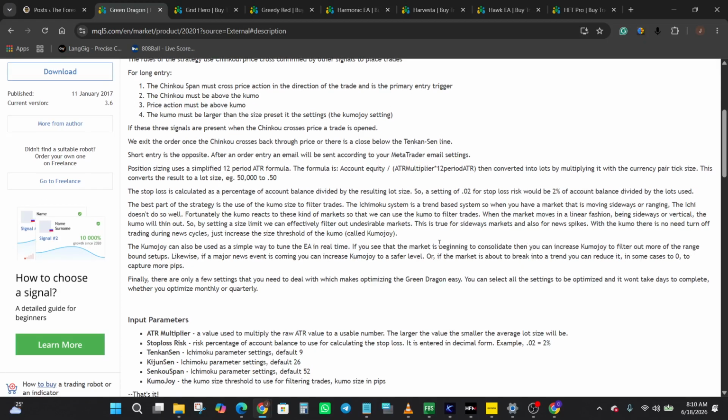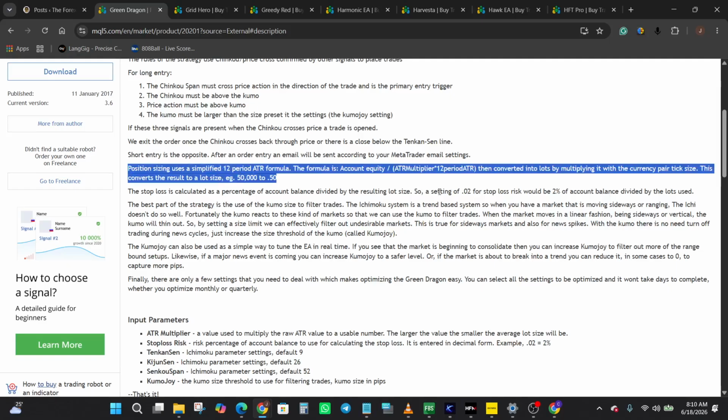The EA also includes position sizing based on a simplified 12-period ATR calculation. The description explains that the ATR multiplier influences lot sizing, while the stop loss risk parameter determines the percentage of account balance used in stop loss calculations.